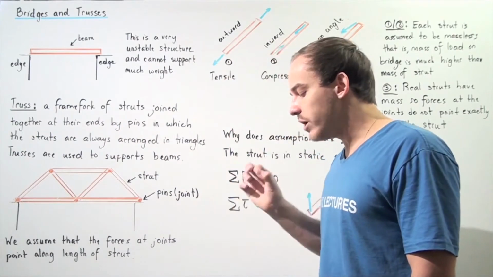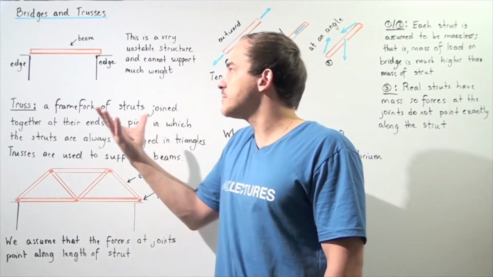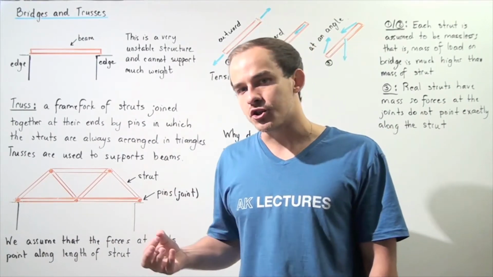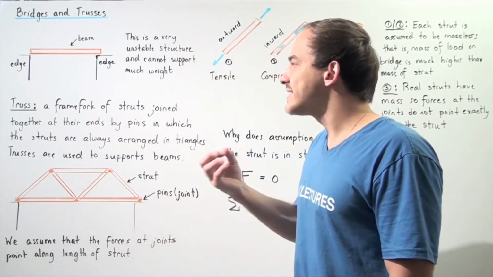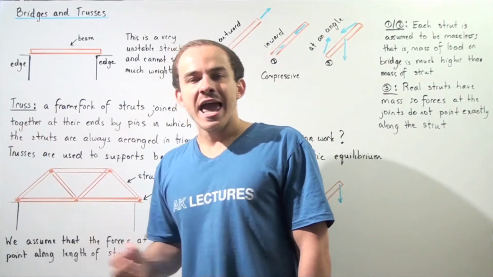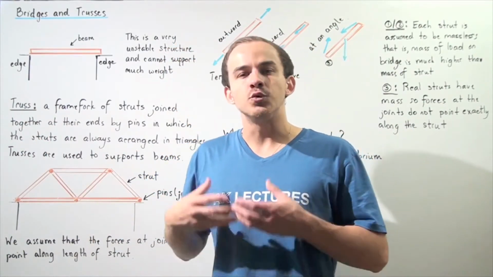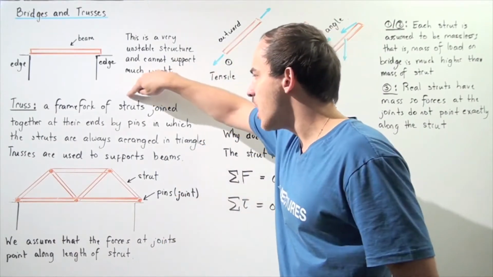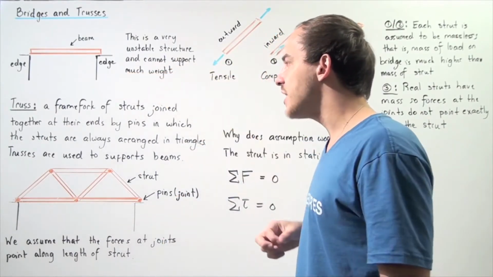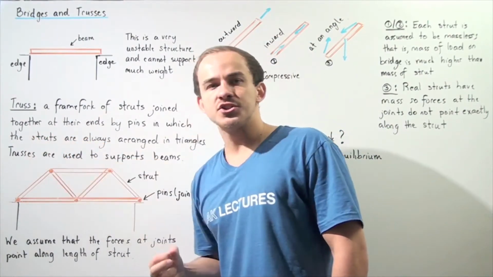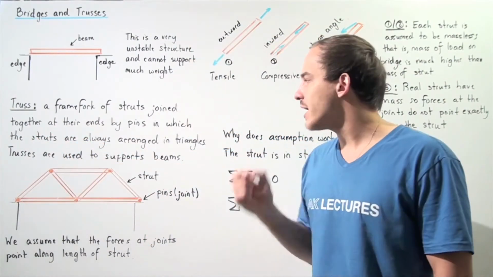Now, what is one thing that we can do to this beam to give it more stability, to give it more structure? Well, we can add something known as a truss. A truss is essentially a system, a framework of rods, also called struts, joined together at their ends by pins, in which the rods, our struts, are always arranged in triangles.